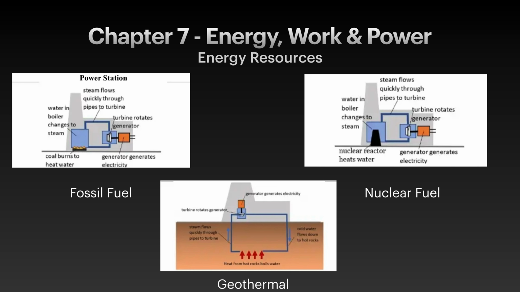Then there are non-renewable resources like coal, oil and natural gas, and nuclear power. These give us a lot of energy, but often they pollute the surroundings and are very limited. Once we use them, they are gone. In the real world, we need a mix of energy sources, balancing cost, environmental impact, and availability.